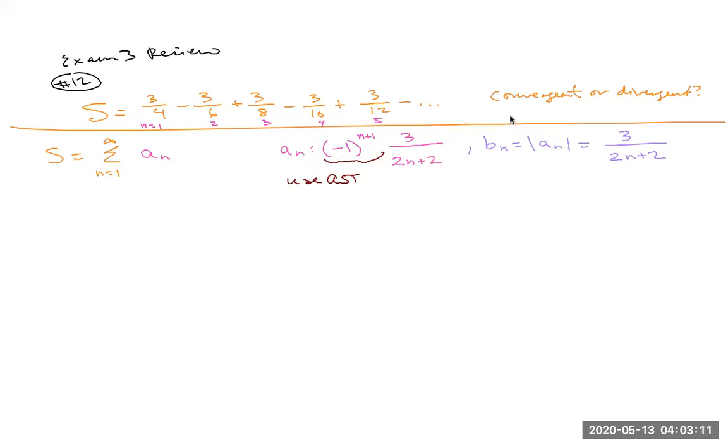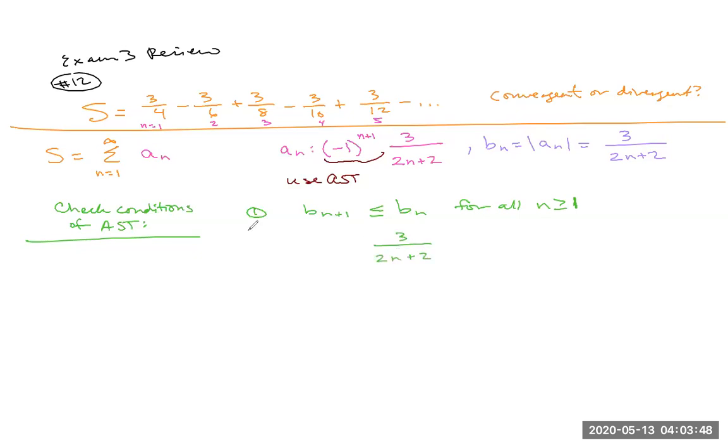So what we're going to do now, we're going to check the conditions of AST. First condition was that B sub n plus 1 is less than or equal to B sub n for all n greater than or equal to some value. We'll check that eventually, but for this one, it'll be 1. So the way that you check, you have B sub n here, that's 3 over 2n plus 2.